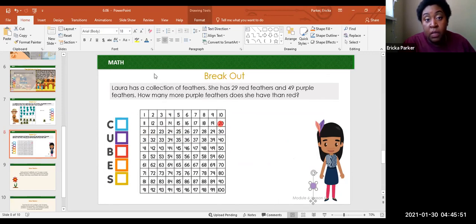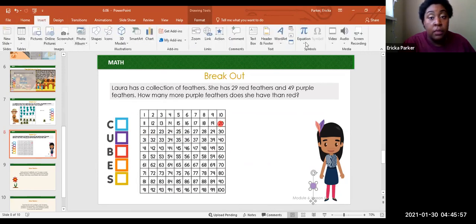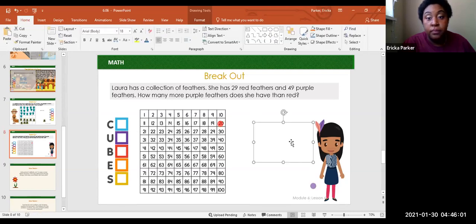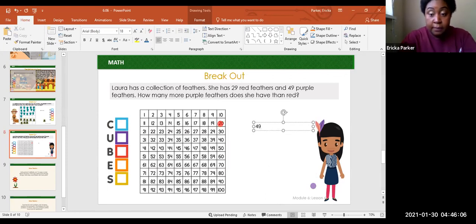Okay. So since this is our last problem, I am going to go through this with you once again. You're going to go 49 minus 29 equals 20.